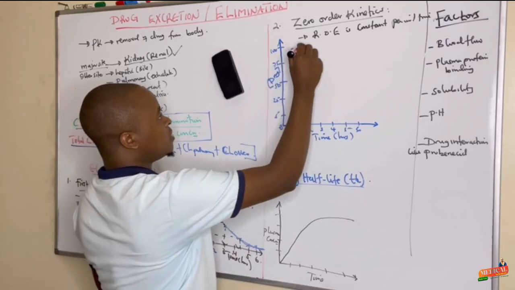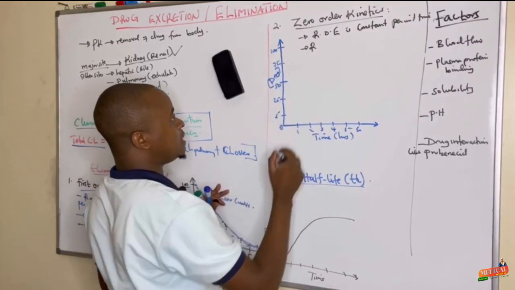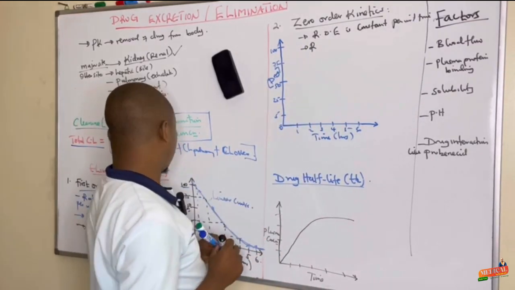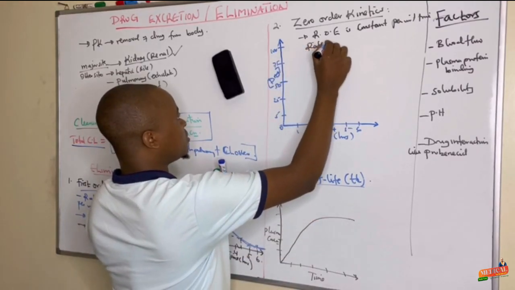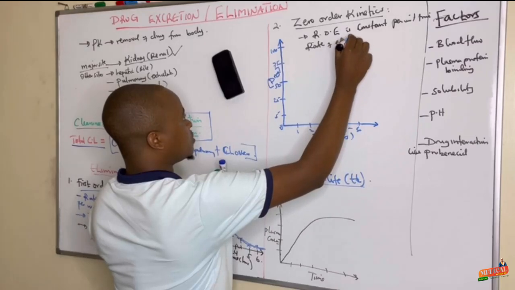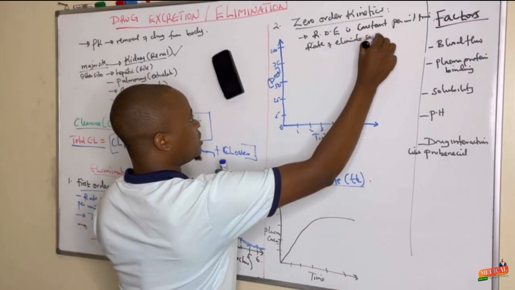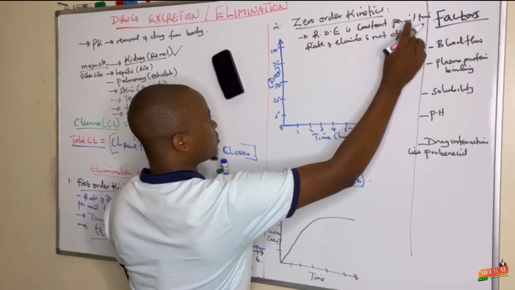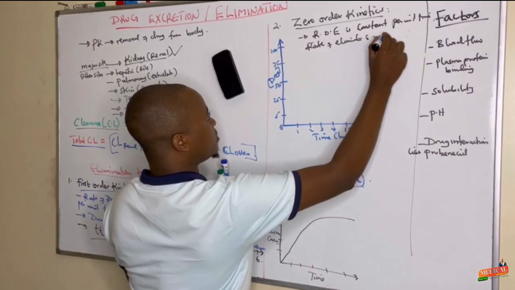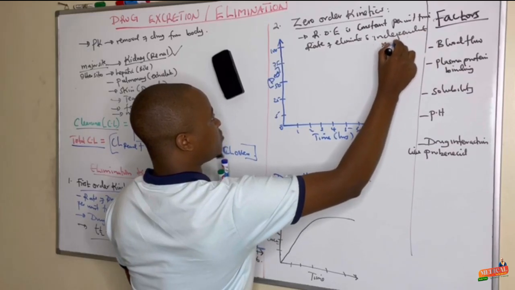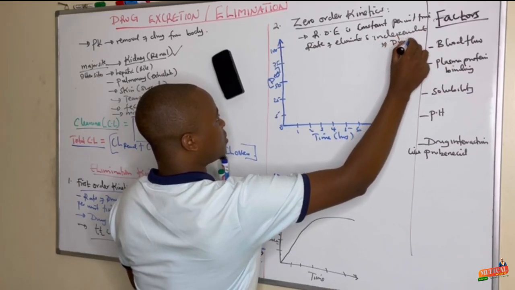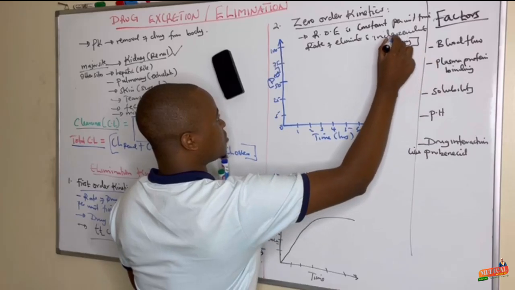So if we draw a graph of time against the drug plasma concentration, we are going to see that the rate of elimination is not dependent, or we can say it is independent of drug concentration.